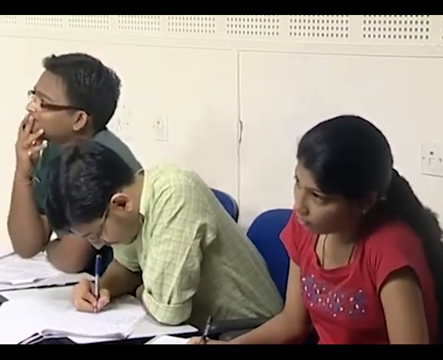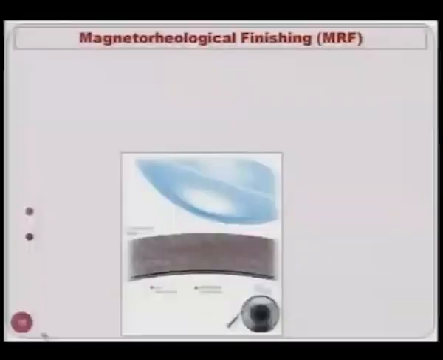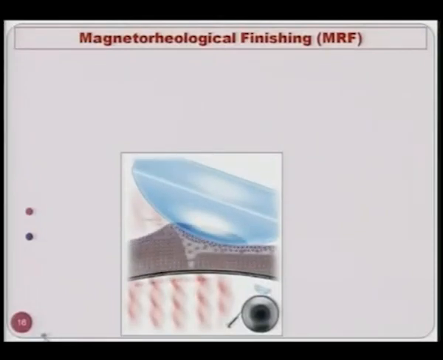Stiffness of the MR fluid is very important, that provides the strength to the fluid to resist the forces that are acting on the abrasive particles as well as iron particles. So, it depends upon the magnetic field strength and definitely the kind of magnetic particles that are used or their saturation strength. Now, as you can see here, the magnetorheological finishing process is shown.